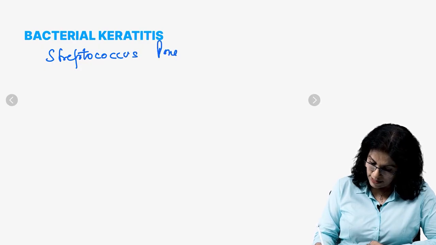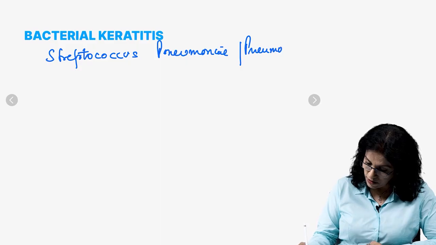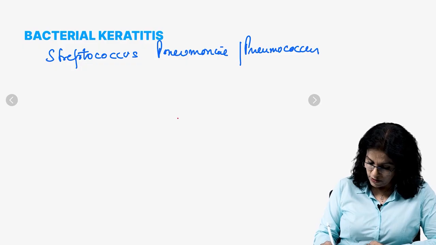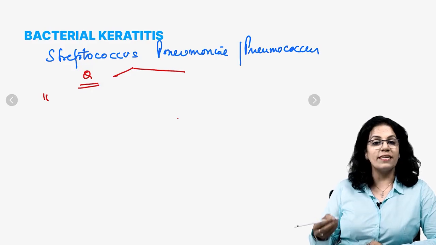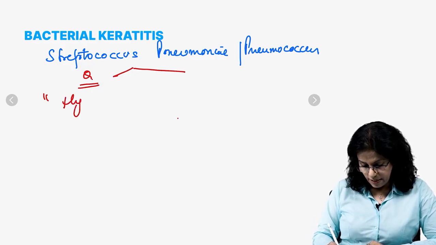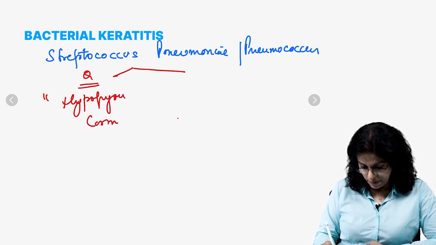There are two questions they have asked you here. First, because it is always associated with hypopyon, we call it hypopyon corneal ulcer.